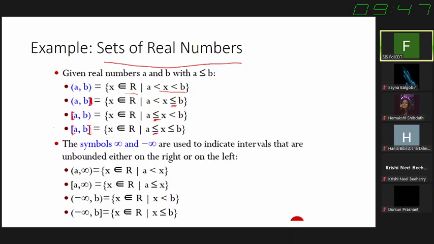So the equal to would be on both sides here. Bear in mind, this notation is very important. Having a square bracket is very, very important. So please take that into consideration, okay? The symbols infinity and negative infinity are used to indicate intervals that are unbounded, either on the right or on the left.